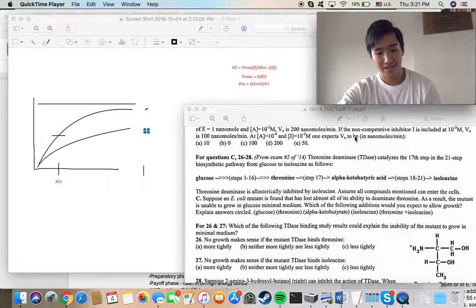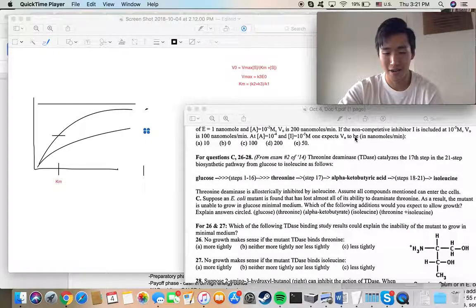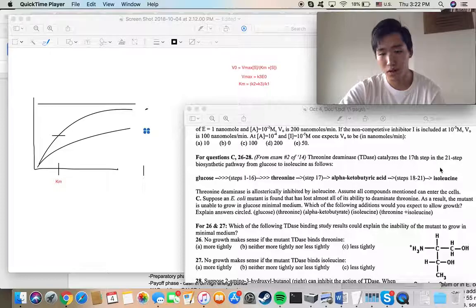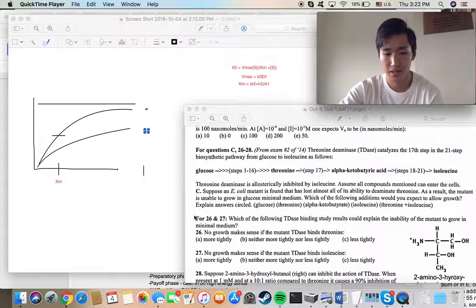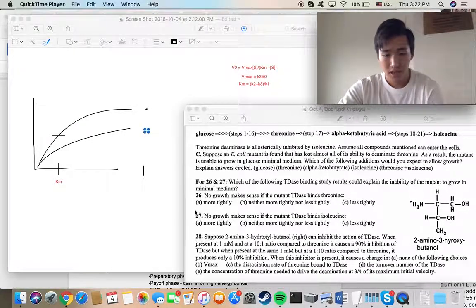And the answer to that is that this is kind of an ambiguous question, and the question with the least amount of assumptions is how do you get to the end product, right? But if you did not circle alpha-ketobutyrate for that reason, I'm sure that you get full credit if you just explained it. Say, oh, I didn't circle alpha-ketobutyrate because it is possible that it's important to another pathway necessary for growth, like in glucose. All right, 26 and 27.